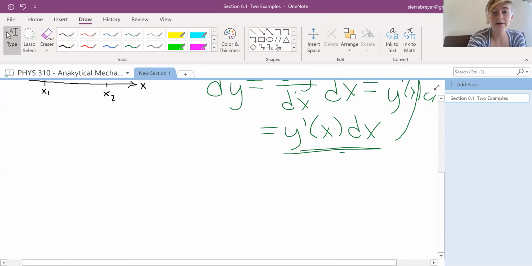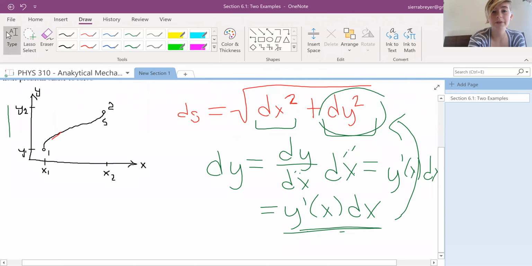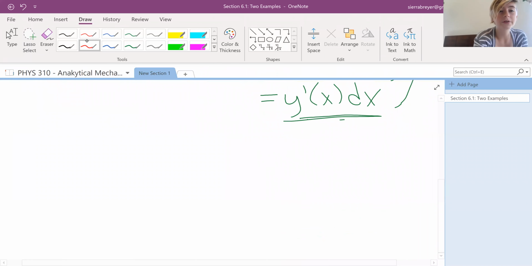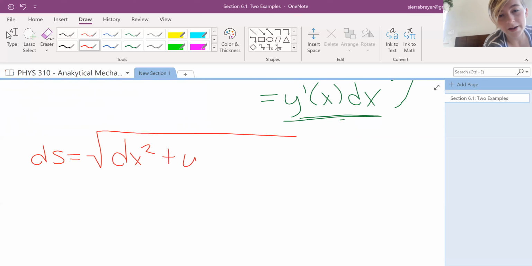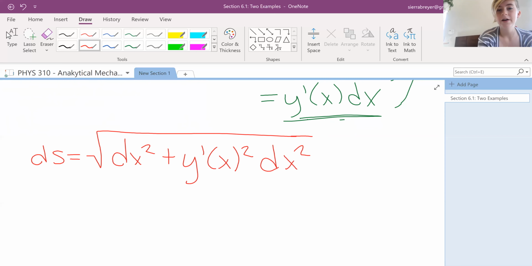In order to do that, I'm going to scroll down so we remember those two, and we're just going to rewrite ds over here. ds is now going to be the square root of dx squared plus y prime of x squared times dx squared. I'm just distributing the square there.